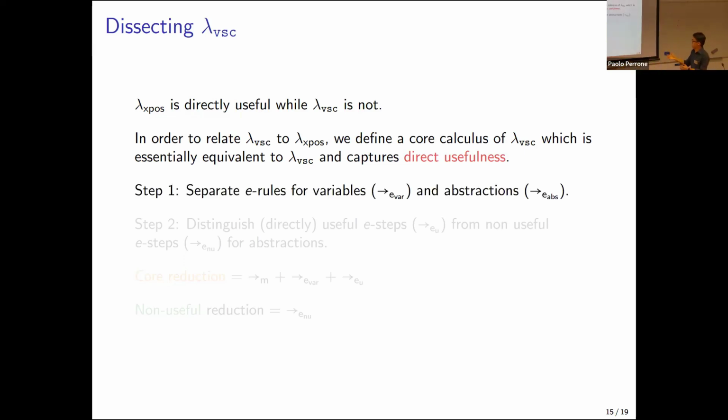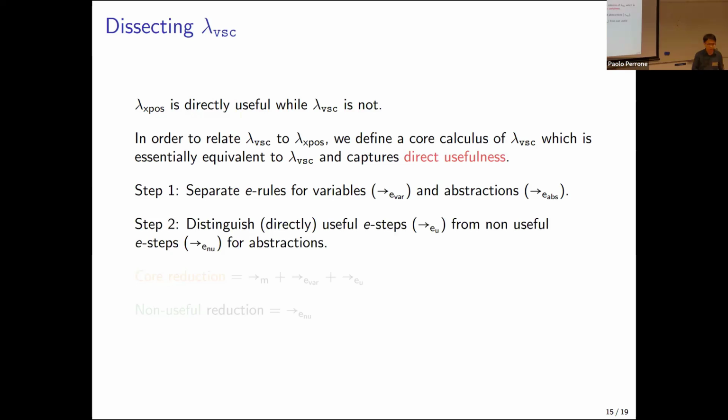The third thing that we do is we're going to separate the substitution or the duplication rules for variables and abstractions. And the second thing that we do is we're going to distinguish directly useful steps from other, non-directly useful steps, essentially.